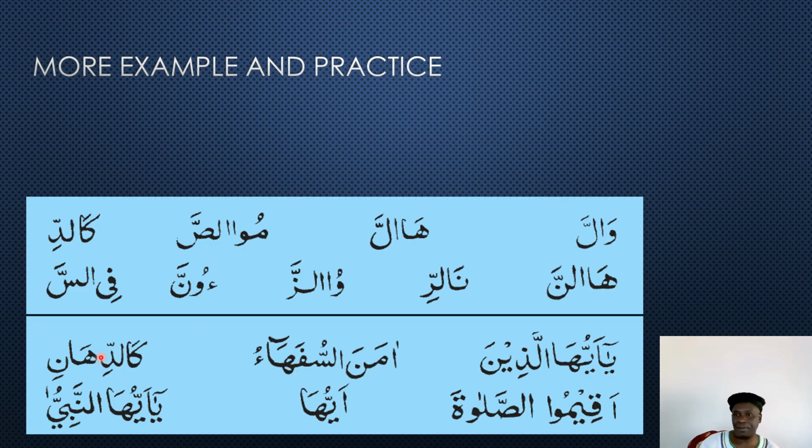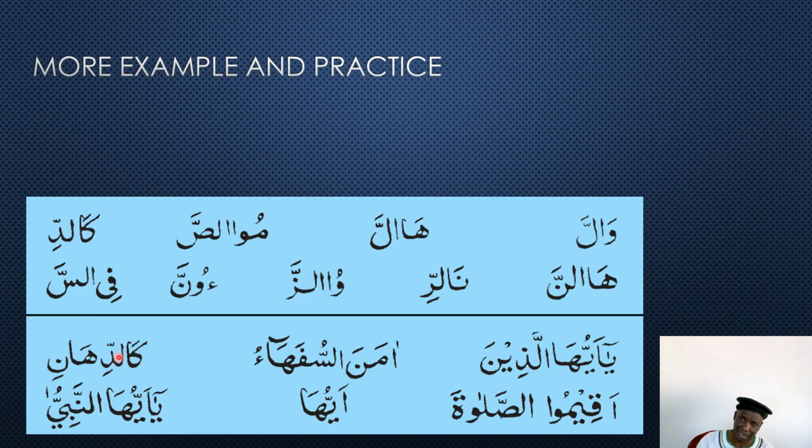Okay? All right, that's how you pronounce this word. Now, here's another word. Kalladhina. So, kaf alif plus another alif here is going to be kalla.